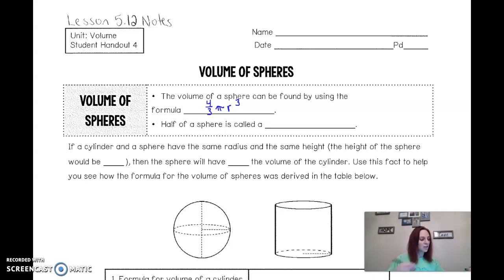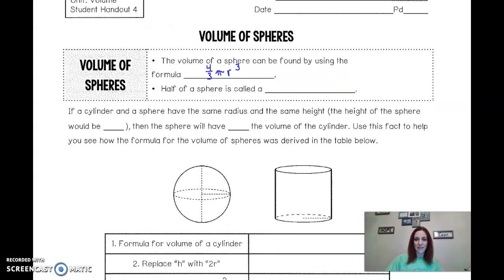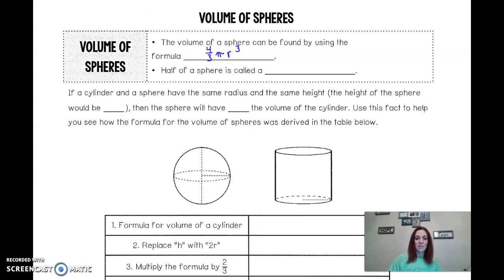Now, it says if a cylinder and a sphere have the same radius and same height, okay? So the height, think about this here, right? If they have the same radius, r, and same height, the height of the sphere, now, remember, we're going from the top to the center and then to the bottom.